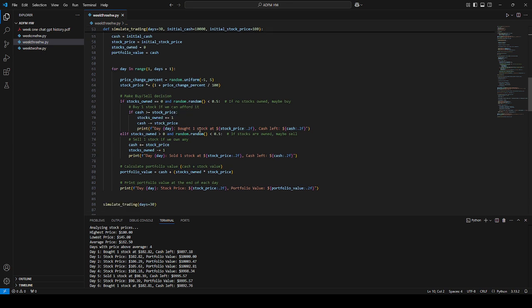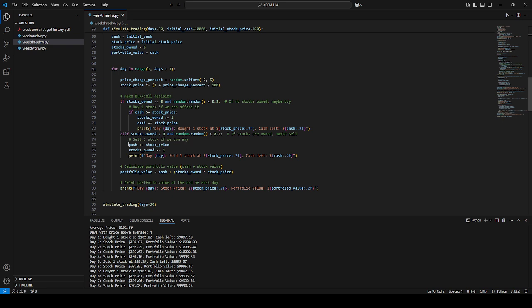And then print out "bought one stock" right here. So putting these in, it would just be able to give us our stock prices and the portfolio value after buying these stocks. If we buy one stock, we'll get this statement, and we'll sell any stock that we own, one stock.